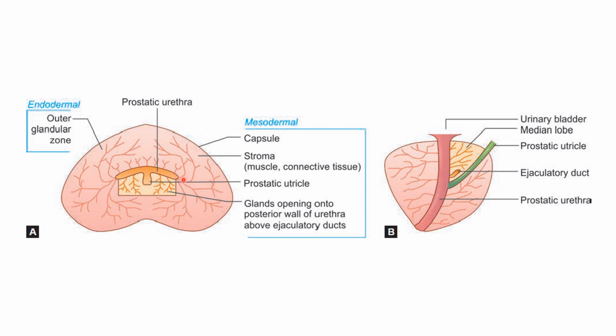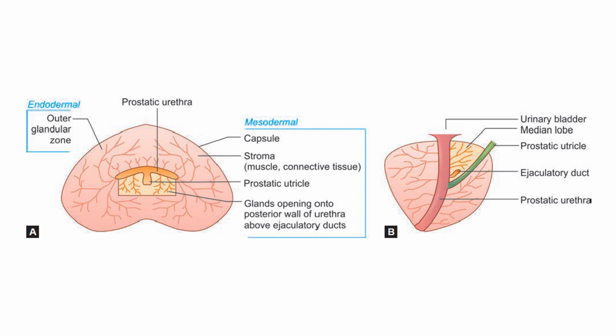This inner glandular zone will be developed from the mesodermal part of the prostatic urethra, and the outer glandular zone is actually developing from the prostatic urethra, that is developing from the endoderm, that is the source of outer glandular zone.